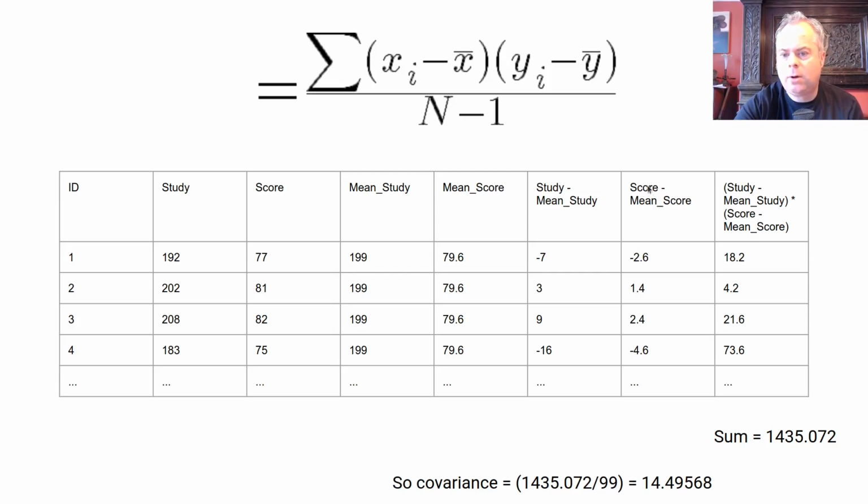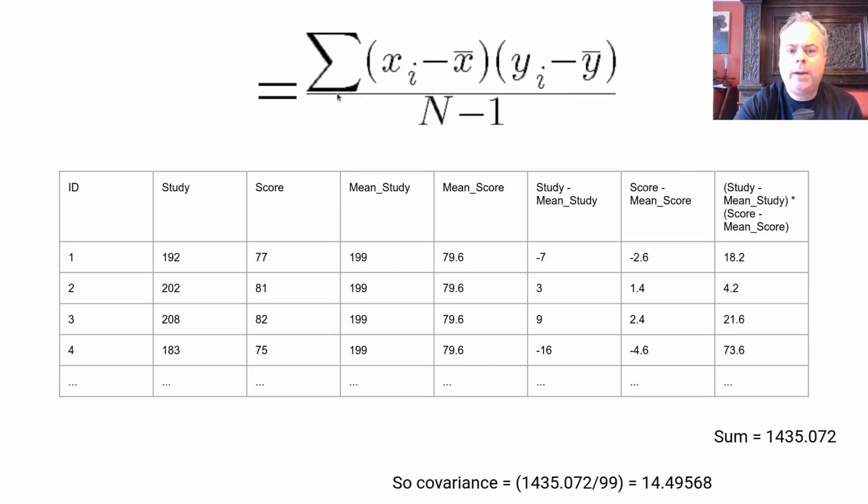So we have score minus mean score, which is 77 minus 79.6, which gives us minus 2.6. We multiply these two numbers together, and that gives us the product here, 18.2, which corresponds for this one participant to this bit of the equation up here.